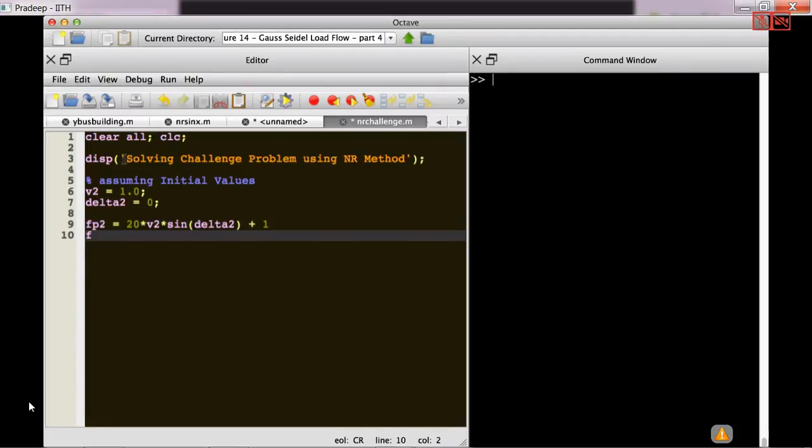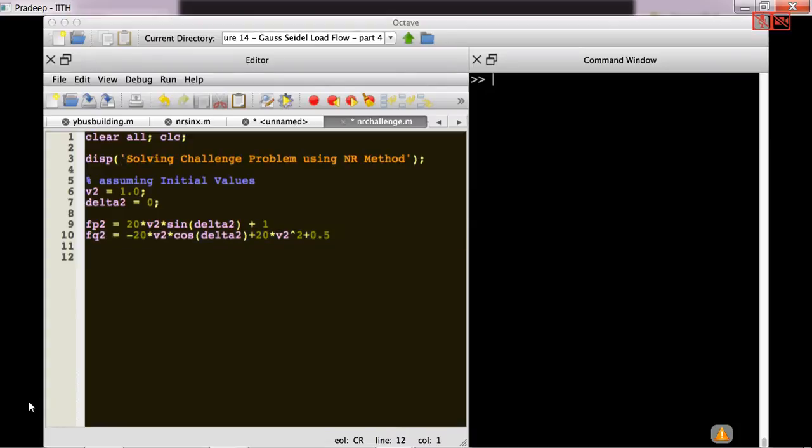Function q2 is equal to minus 20 into v2 into cos of delta 2 plus 20 into v2 square plus 0.5. So I have two functions I have calculated.